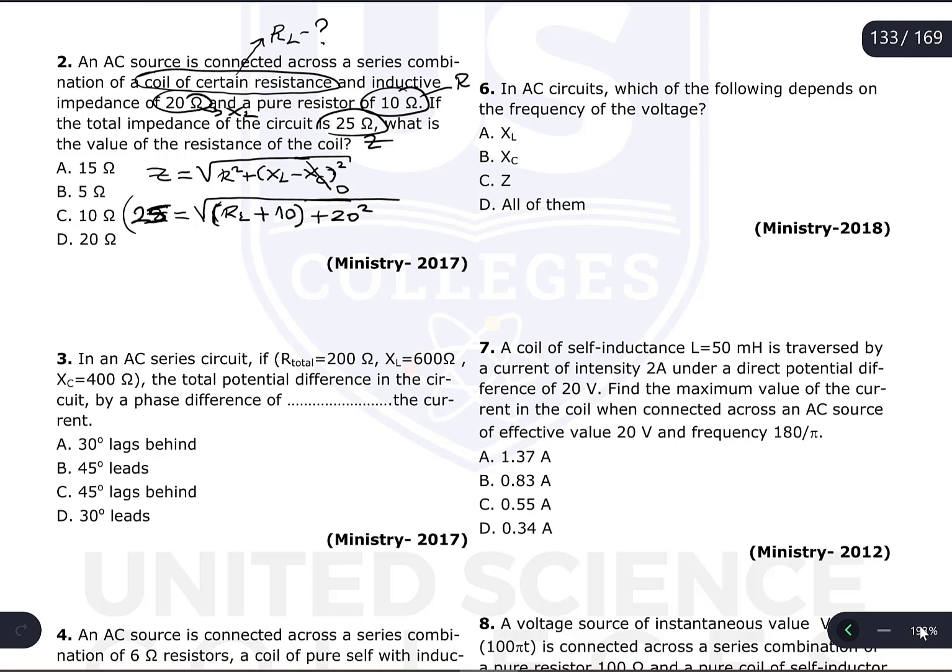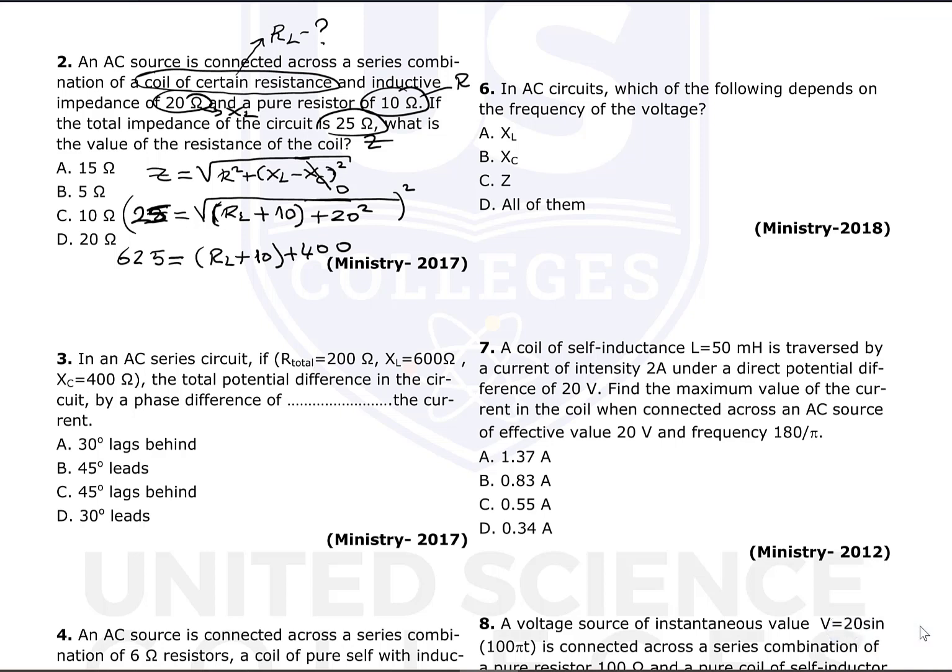Then I'm going to square both sides of the equation. Square of 25 is 625 equals RL plus 10 squared plus square of 20, which is 400. And here I forgot, there is a square. Then let's get this 400 to the left side.